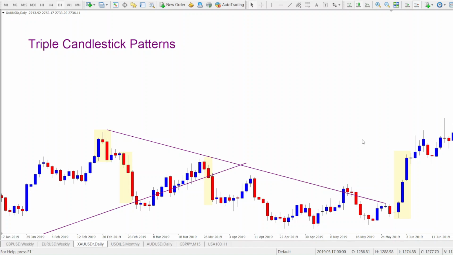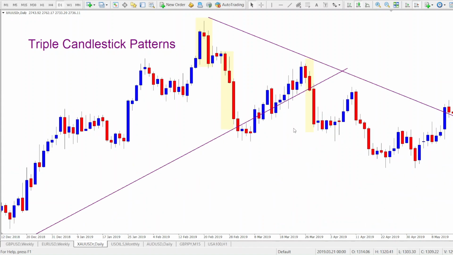So to recap, these candlestick patterns, the morning star, the evening star, 3 white soldiers and 3 black crows, please forgive me. 3 white soldiers is for the bullish, and 3 black crows is for the bearish. Okay, now these candlestick patterns can be powerful indicators of market sentiment and potential reversals.